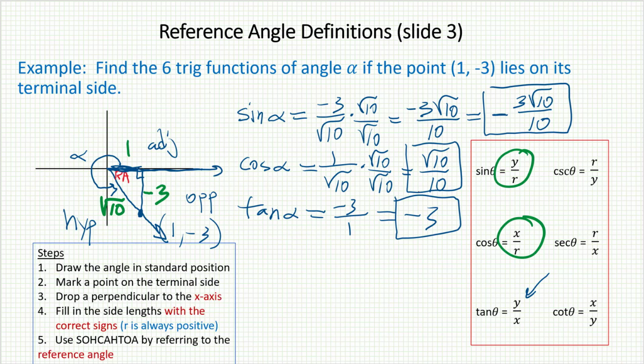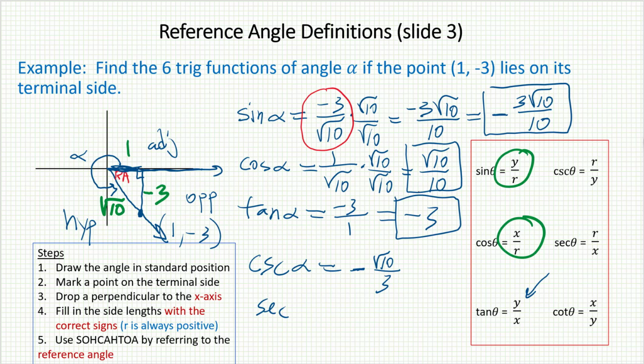We can write down the other 3 quickly. They're just the reciprocals of the first 3. Cosecant would be the reciprocal of sine. Remember, it's easier to use the unrationalized version. If I flip that upside down, I'm just going to get negative root 10 over 3.